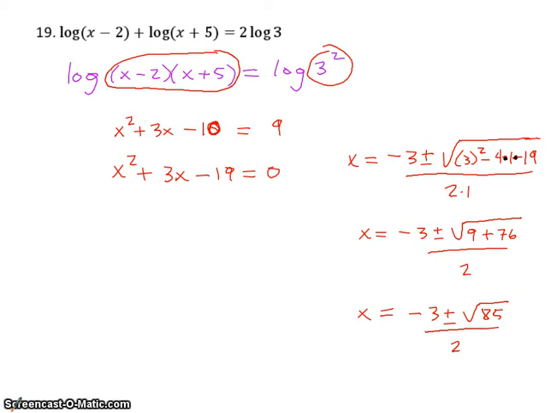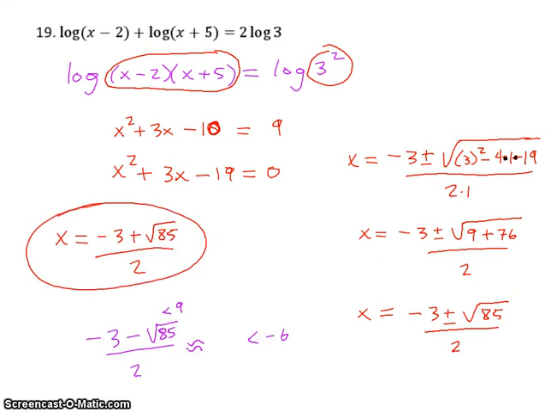What we have to do at this point, though, is eliminate one of our answers. We can't use minus 3 minus the square root of 85 over 2. Our only answer is the one that I have circled there. The reason we can't use the minus is because the square root of 85 is a number greater than 9, because the square root of 81 is 9.